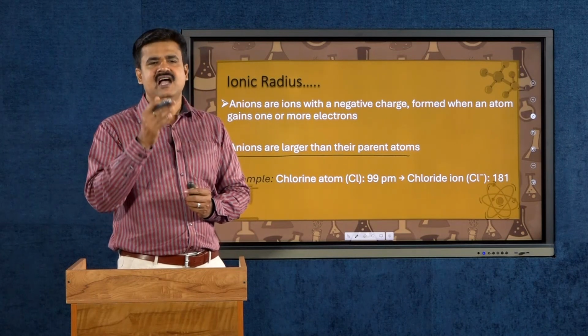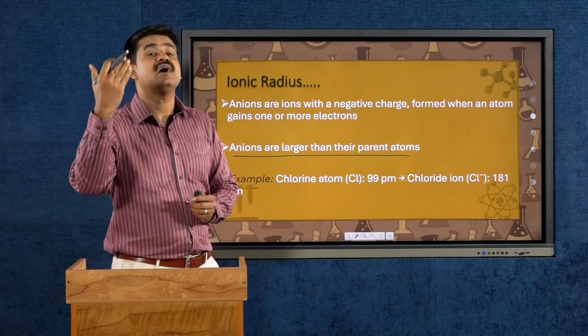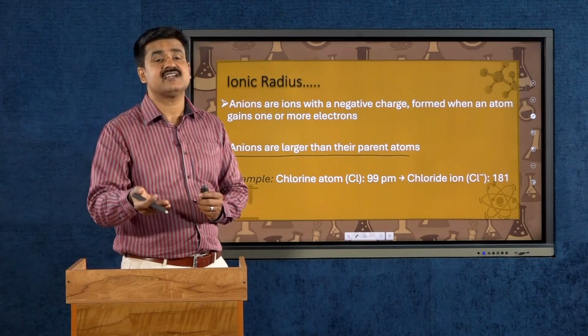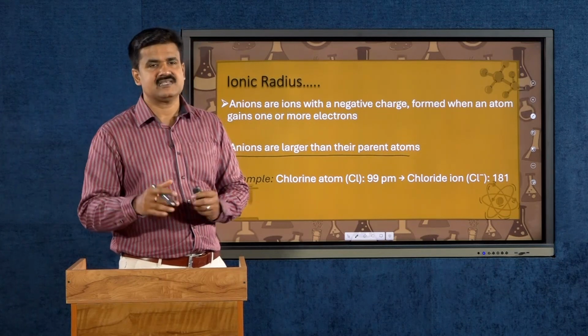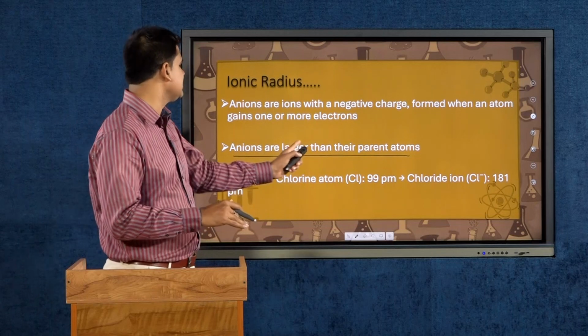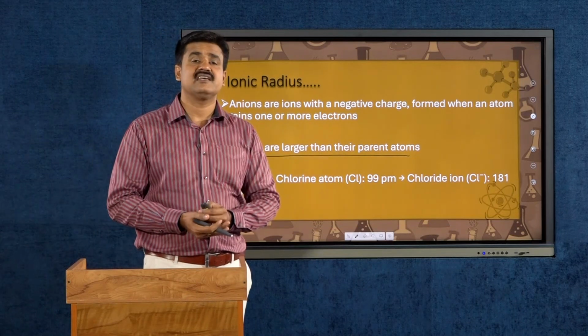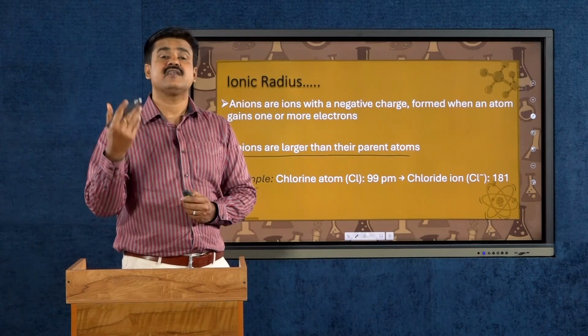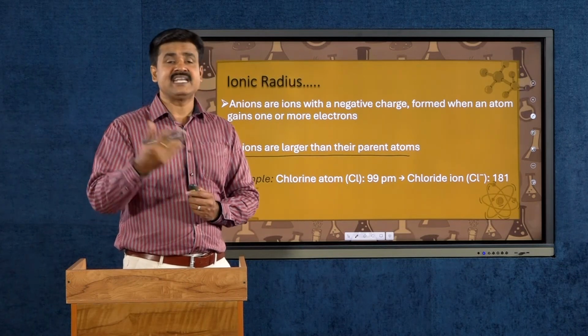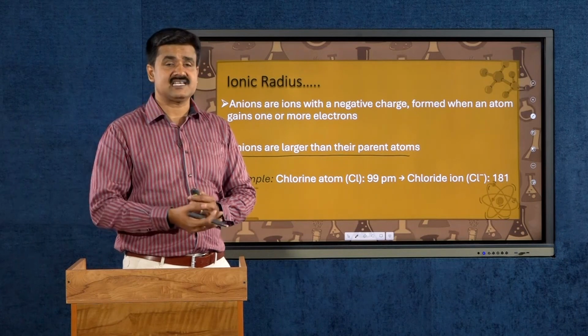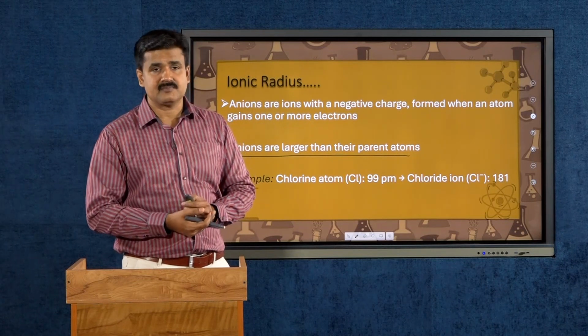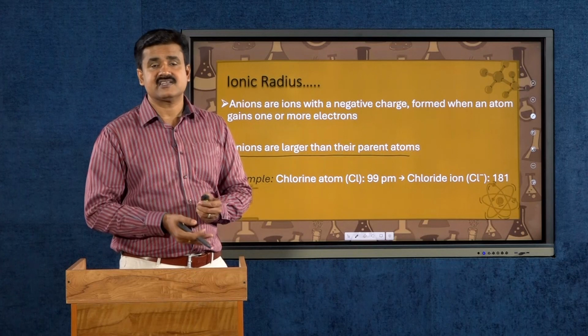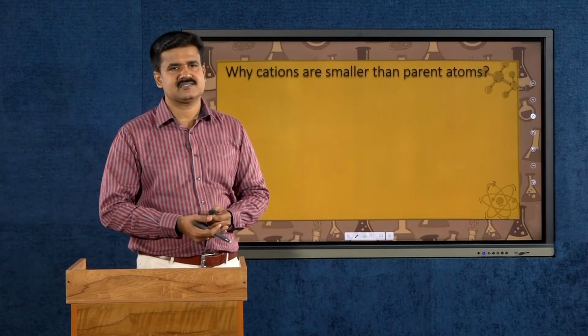So, when an atom is converted to an anion, a negatively charged ion, the size will increase. In general, you can conclude that anions are larger than their parent atoms. O2 minus is greater than oxygen atom. N3 minus nitride ion is bigger in size when compared with the nitrogen atom. Every anion is larger than its parent atom.